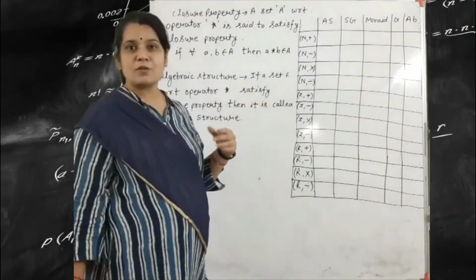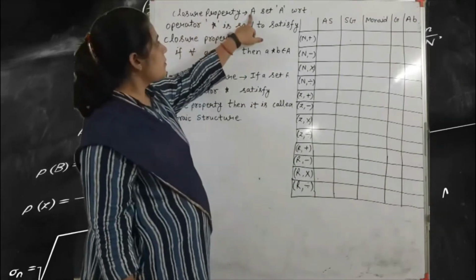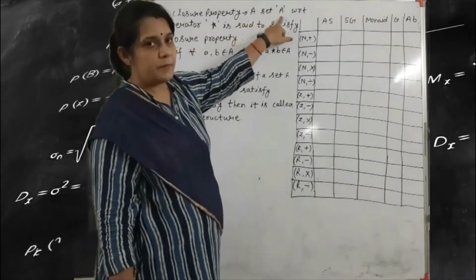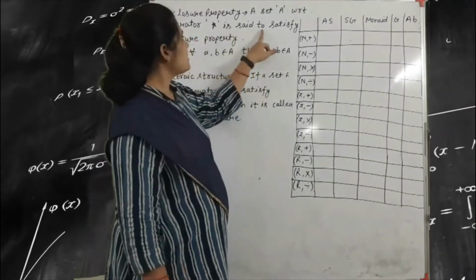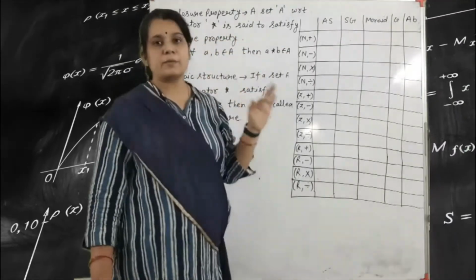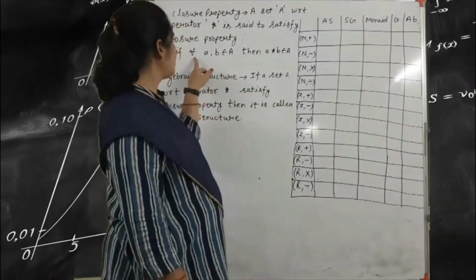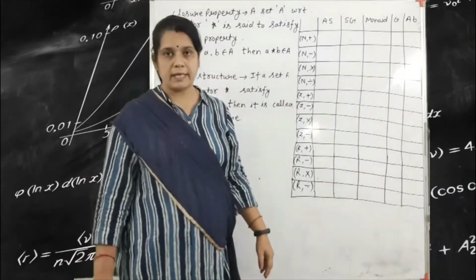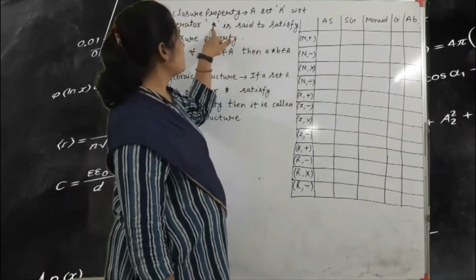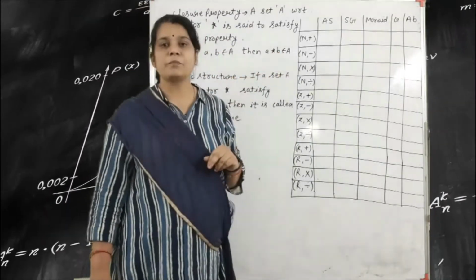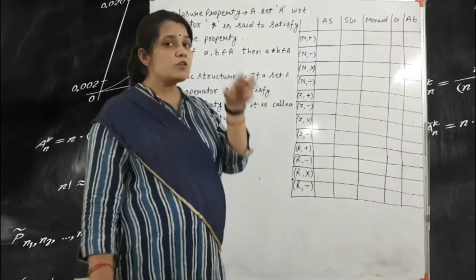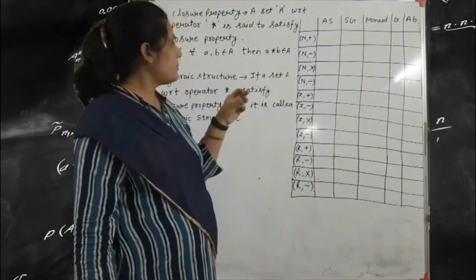Okay, so what is the closure property? Closure property means a set A with respect to operator star is said to satisfy the closure property if for all A comma B belongs to A, A star B belongs to A. That means this is the closure property. But what is the algebraic structure?